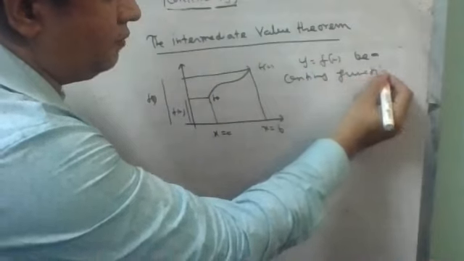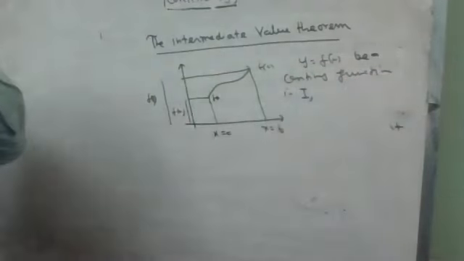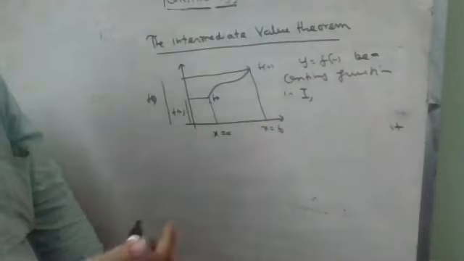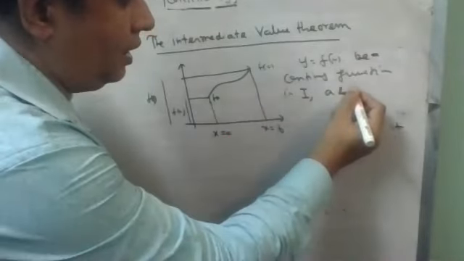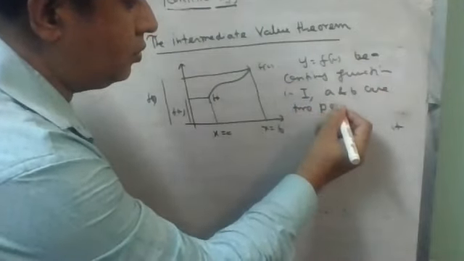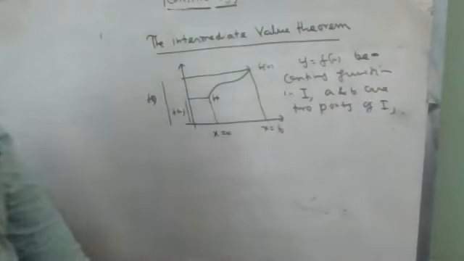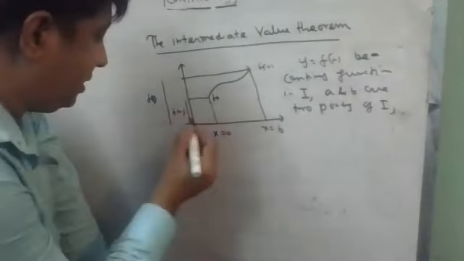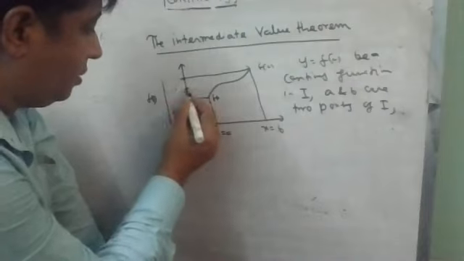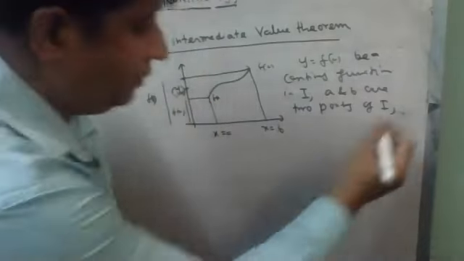So y equals f(x) is a continuous function in an interval I, where a and b are two points of I. Then, see, this is f(b), say y0.